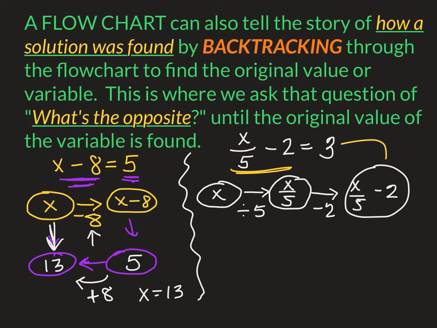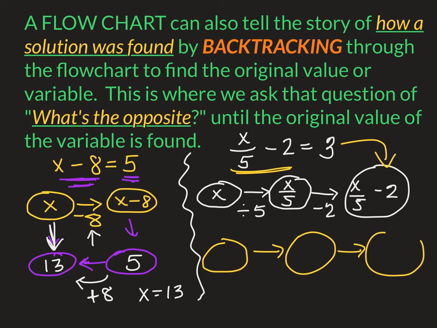So now we know that 3 is the output. So I'm going to set up my flowchart. I know that there's 3 bubbles or circles. I know I'm going to be reversing it out, so I know that this whole thing right here is equal to 3. So my output is 3. I ask myself that question: what is the opposite of minus 2?